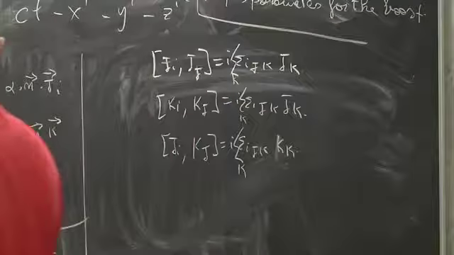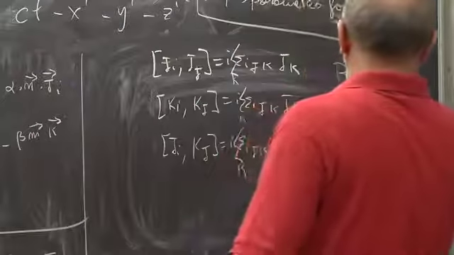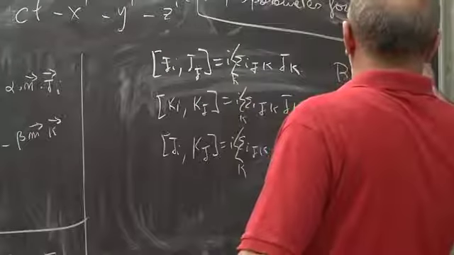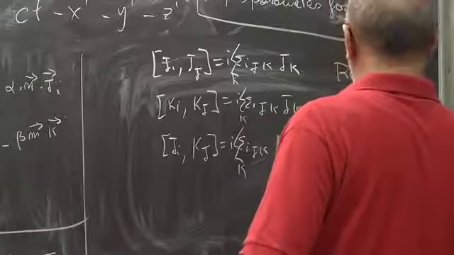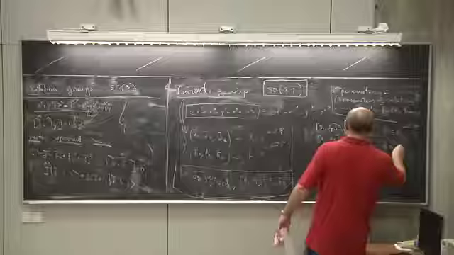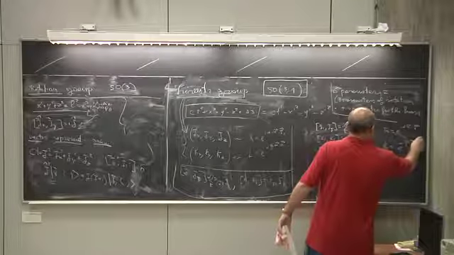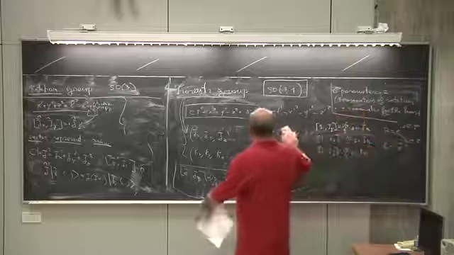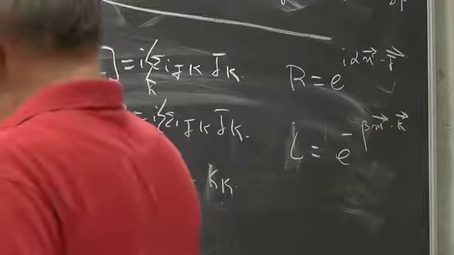The next question is, let's write here that the rotations are exponential I alpha eta times j, and that the boost, or a Lorentz transformation, a boost is exponential minus beta mk. There is no I. Let's now go and build the Casimir.